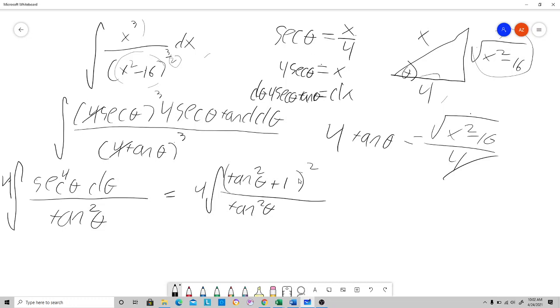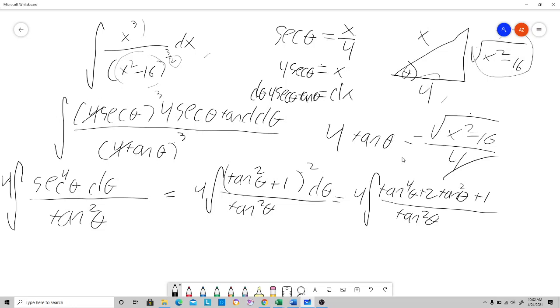Now if we expand this, we have tangent to the 4th theta plus 2 tangent squared theta plus 1, all over tangent squared theta. Now we can individually take the integral of them.